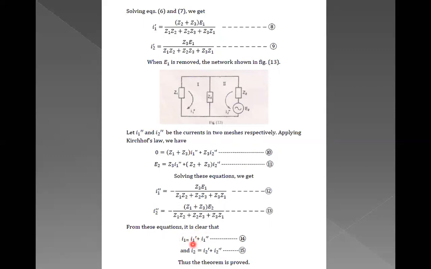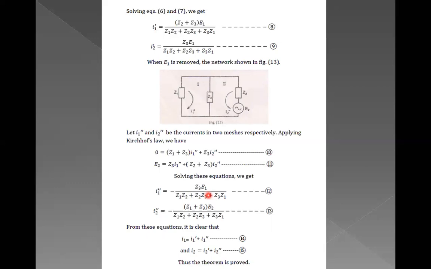See, this I1 dash is caused because we have removed E2. This I1 double dash is the current in the mesh when E1 is removed. So this is the total current where the currents are caused separately. The current in any element is the vector sum of the currents that are separately caused in that element if each source of EMF is considered separately.